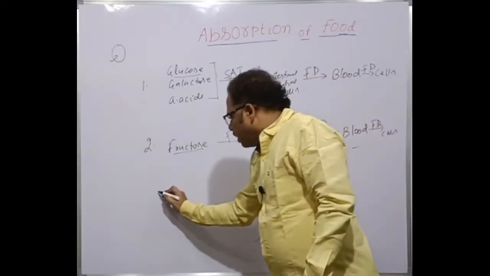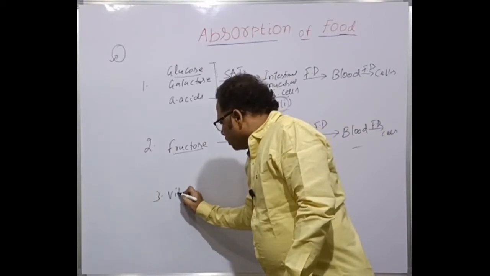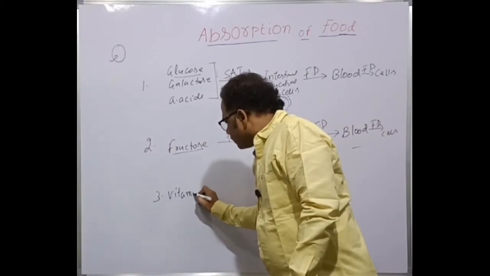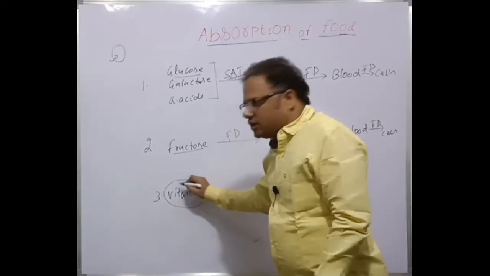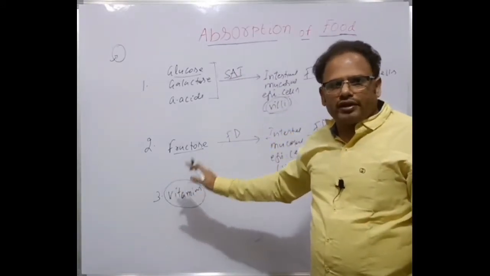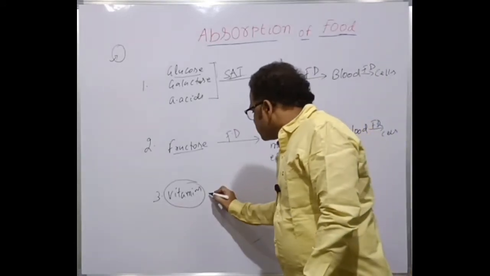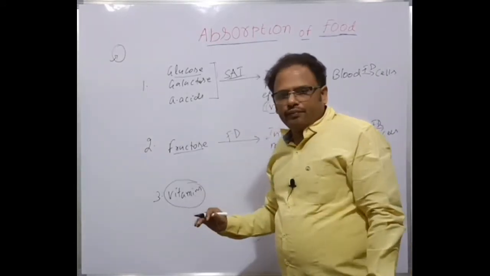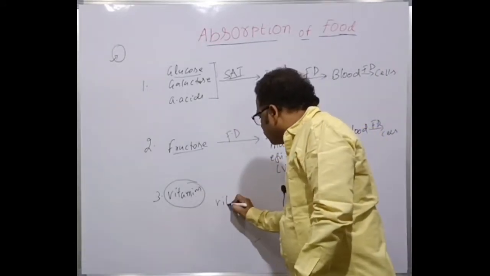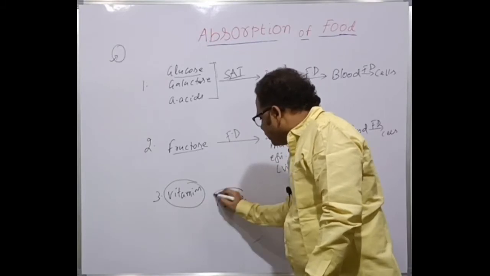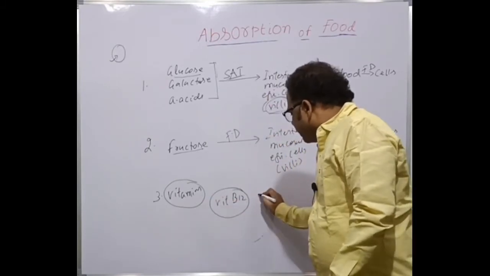Okay, what's remaining now? The vitamins. There is no need of any digestion in the case of vitamins. They are the accessory foodstuffs. They are absorbed into the blood directly. For example, take vitamin B12, cyanocobalamin. What is required here?